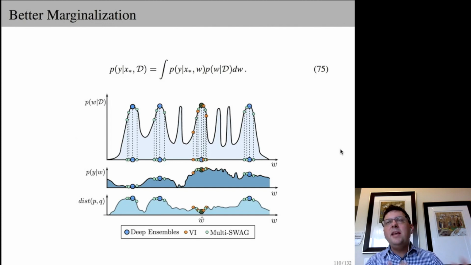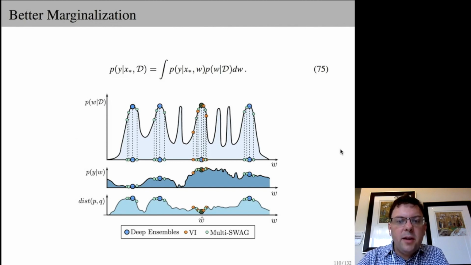Now, this Bayesian approach and the classical approach will be similar when the posterior is very concentrated around a small number of parameters, or when the conditional predictive distribution y given w is not varying a lot where the posterior distribution w given D has most of its mass.